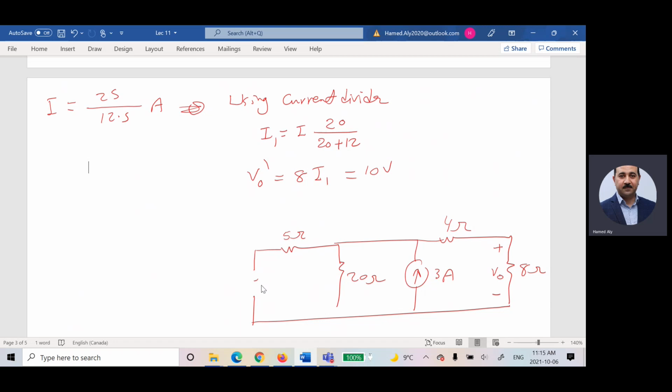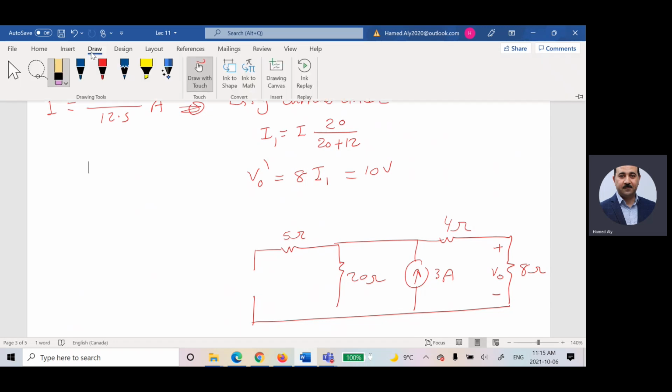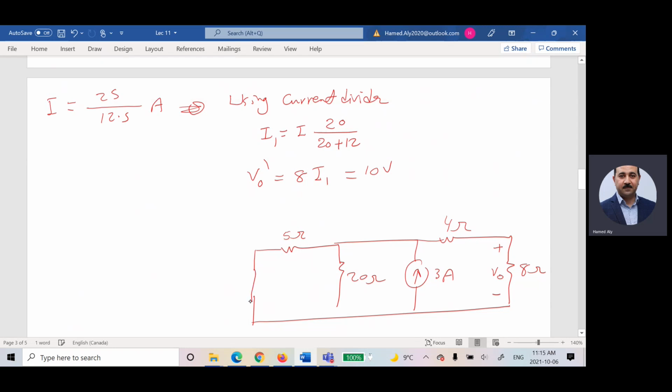Short circuit. So I will remove this source and draw a short circuit here. So apply 3 amps and remove 25 volts.